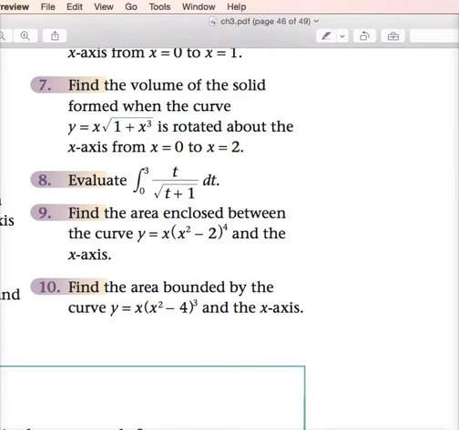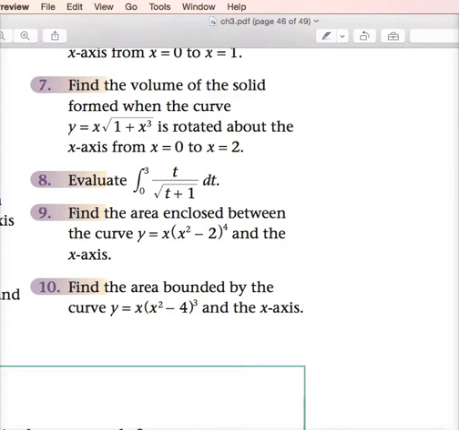Can you write the question out? When the curve y equals x times the square root of 1 plus x cubed is rotated about the x-axis from x equals 0 to x equals 2. All right, remember to set up your question and write out what the integral is going to be.